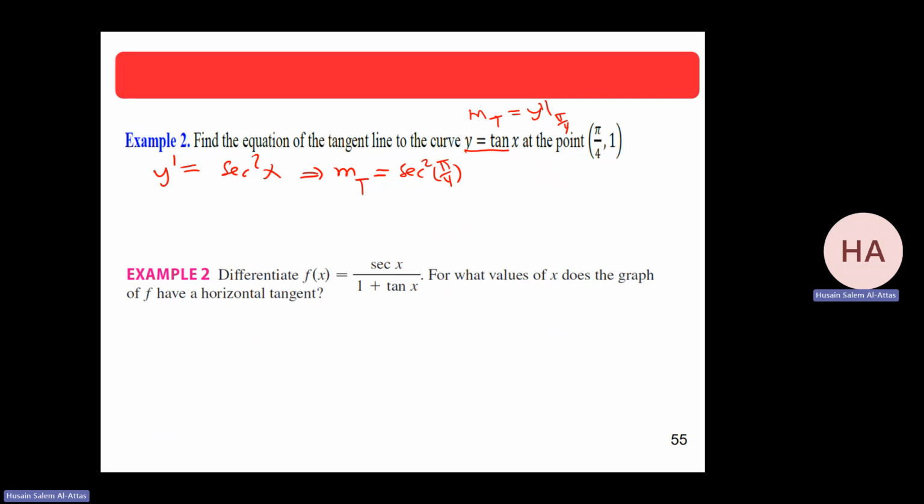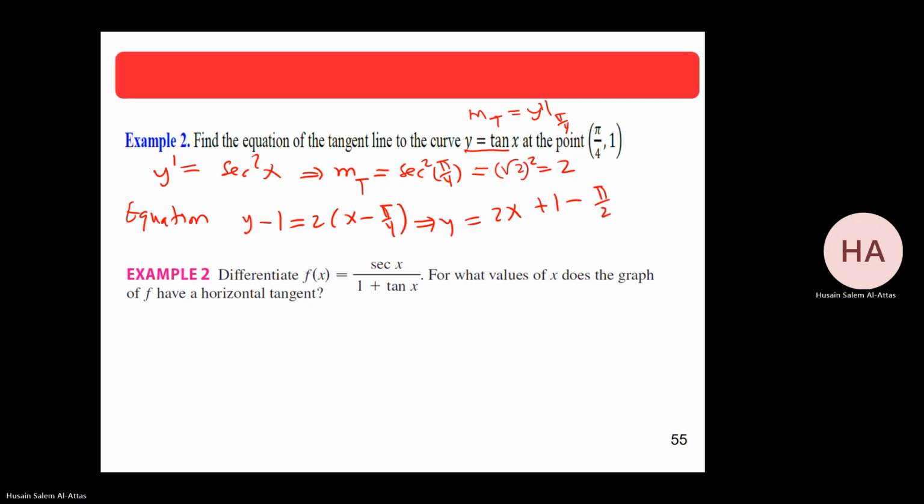That's the cosine reciprocal, that will give me 2. Square root of 2 all square, which is 2. So the equation will be y minus 1 equals 2 times x minus pi over 4. In other words, y will be 2x plus 1 minus pi over 2.